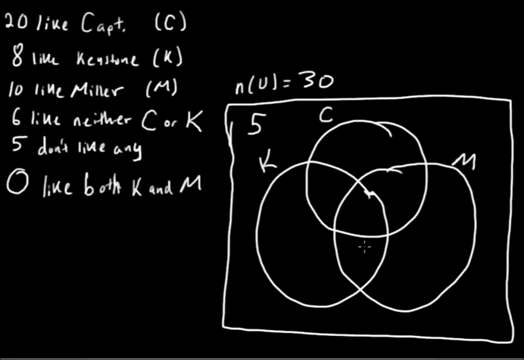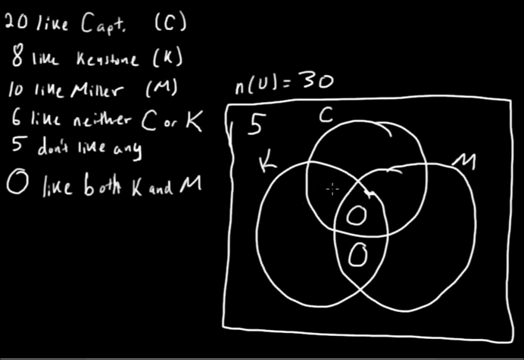And if 0 like both Keystone and Miller, we know that there can't be any students who like all 3 of these, because that just wouldn't make sense. If 0 of them like both Keystone and Miller, you can't have some 4 of them liking all 3. So obviously 0 is going to go right there. None of these students like all 3 of these drinks.